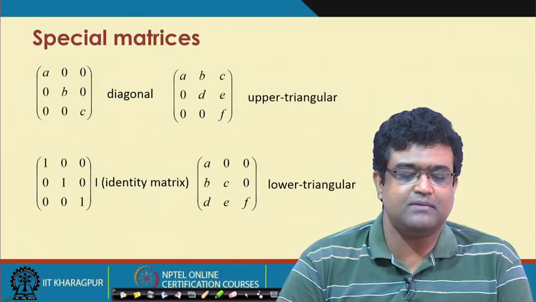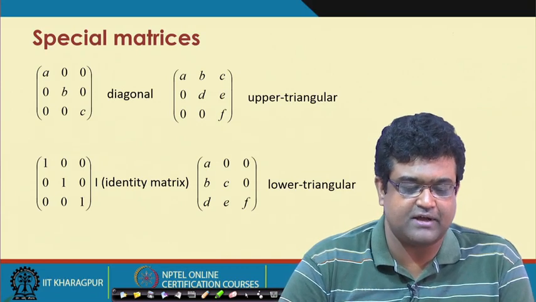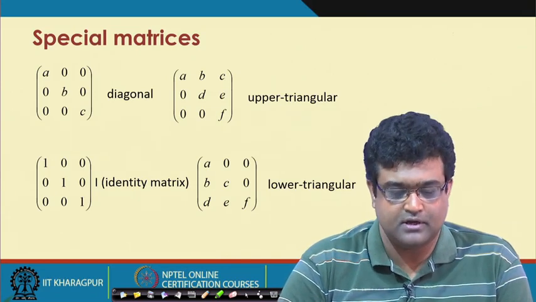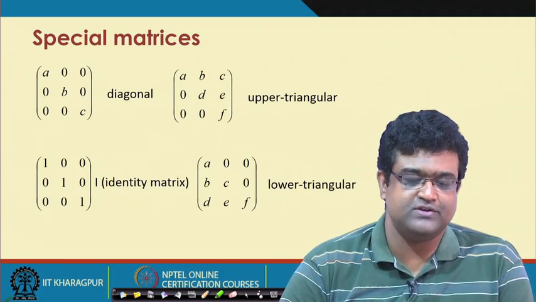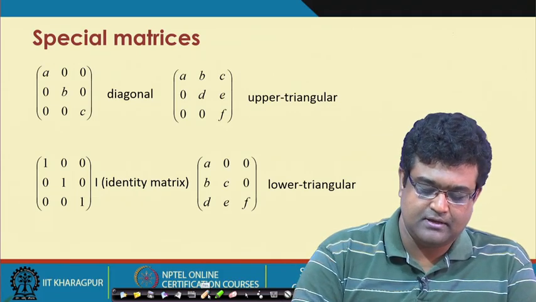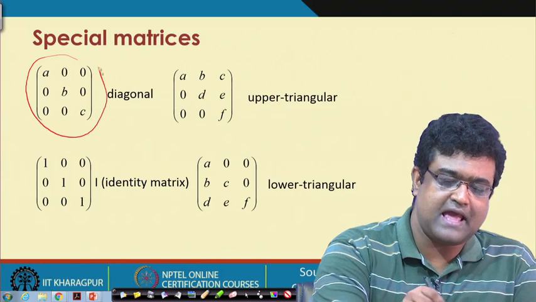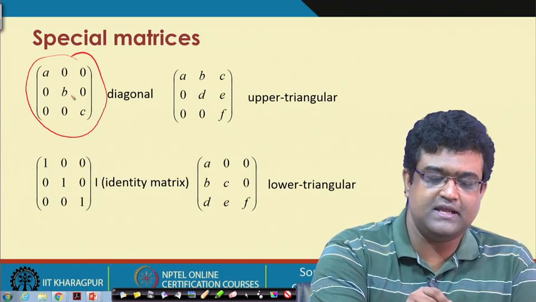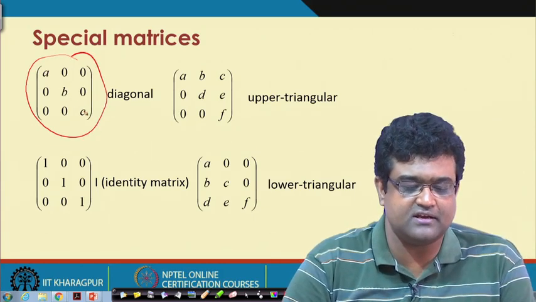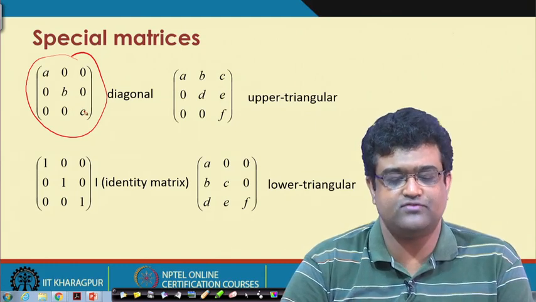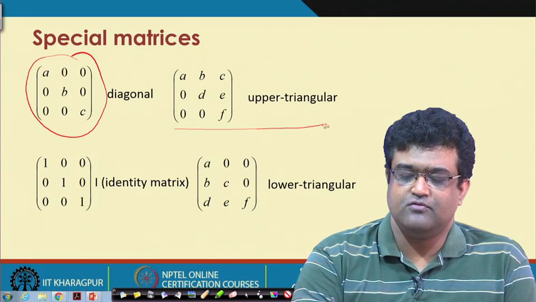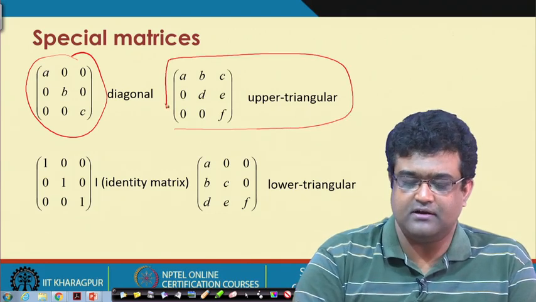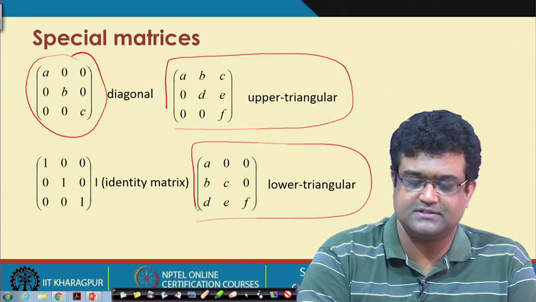There are some special matrices which we will come across in our discussions. The first one is the diagonal matrix, which is given here. As you can see, only the entries on the diagonal have values, all the off diagonal entries are 0. Similarly, we can define an upper triangular and a lower triangular matrix.